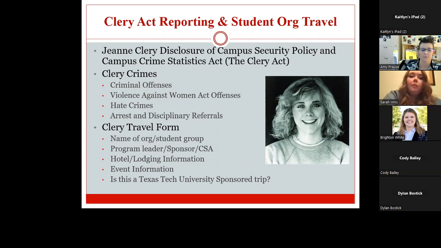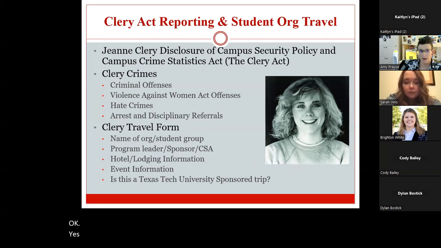But my question is, we send out the opportunity to say, hey, if you want to go, here's the link to sign up. Do we need to advise them to report, or do they need to report it to us and we continue to report that? Because they would pay their own way. I don't know the legalities behind that, because they can choose to go or not go, and they can choose to stay wherever they want.